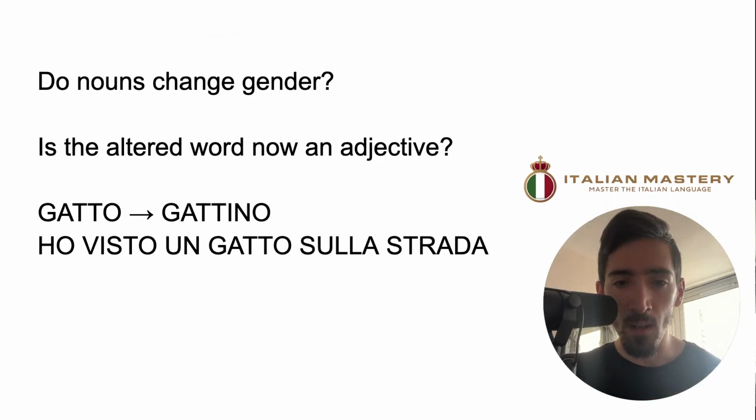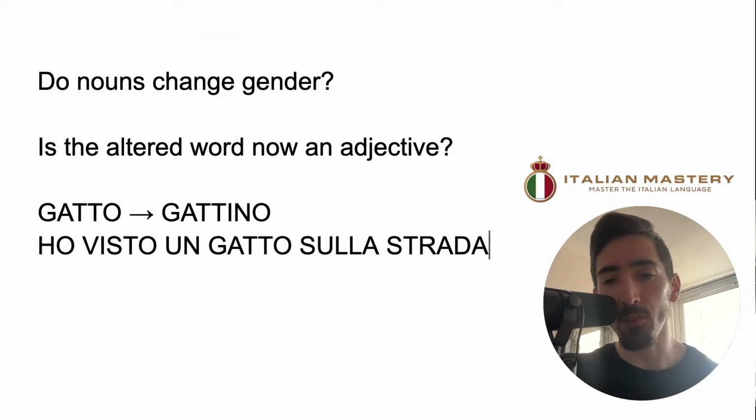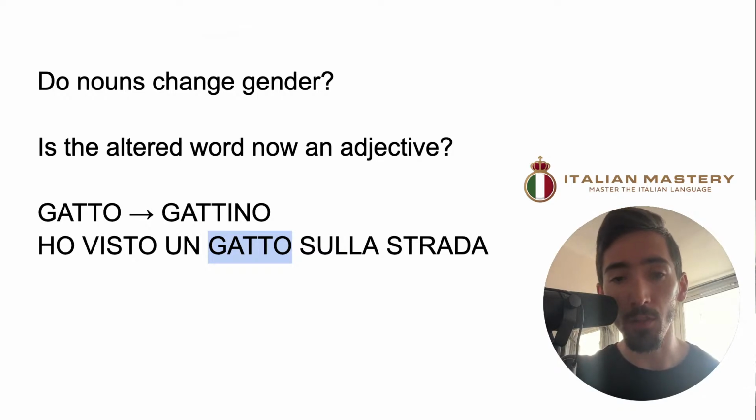So I've seen a cat on the street, although remember in Italian this really means I saw a cat on the street. You know, it could be last year. I saw a cat on the street. This is because Italians love the present perfect, so they use it as past simple. So I saw a cat on the street.